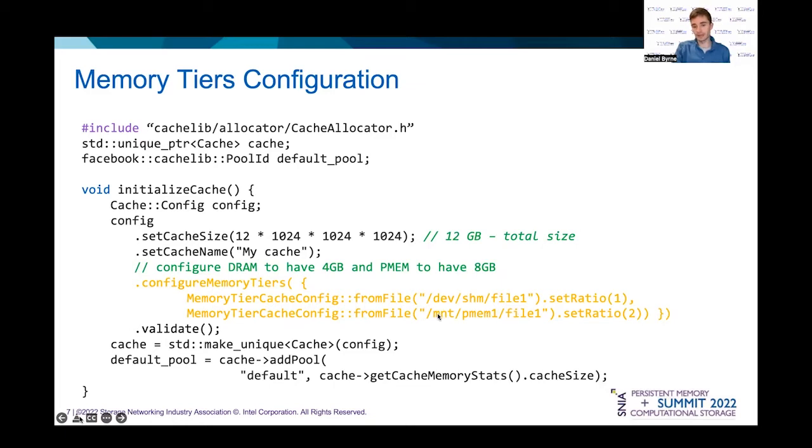This is on a fsstacks device. And we also set the ratio. So we could set ratio 1 to 2, so we have 2 parts pmem for every part DRAM. In this case, we get a 12 gigabyte cache where 4 gigs is DRAM and then 8 gigs is pmem. Pretty straightforward.